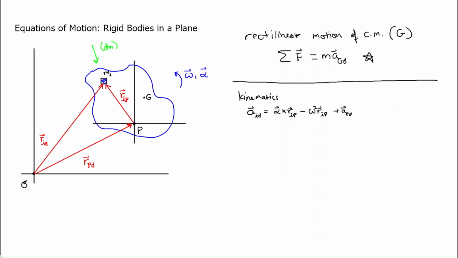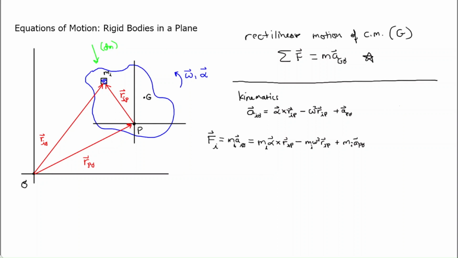Now, other than Newton's second law, the centroid G is not playing a role just yet. So first let's write down a formula for the force on this mass element. Well, that's going to be the mass, m sub i, times the acceleration, a sub io. All right, so there's that equation.